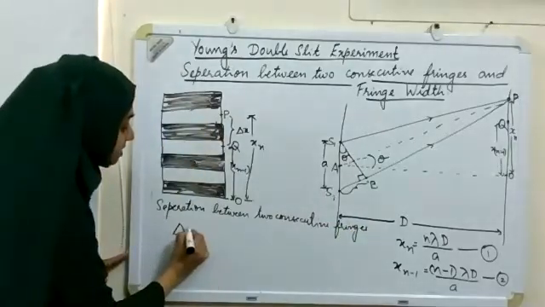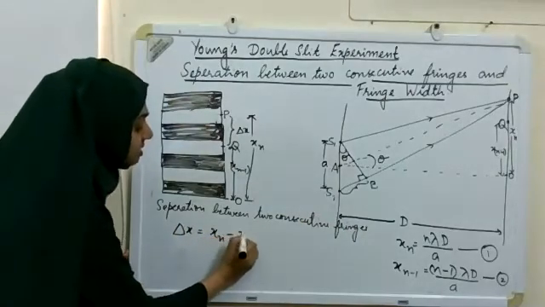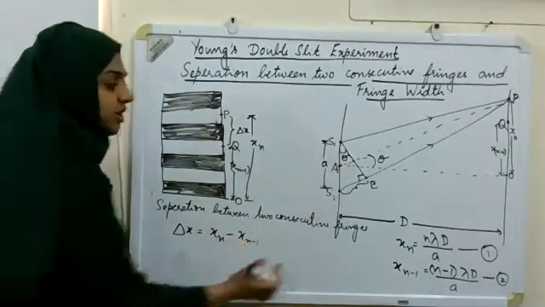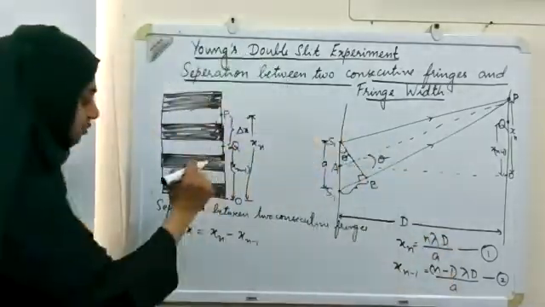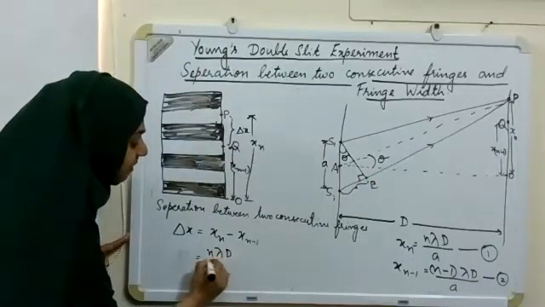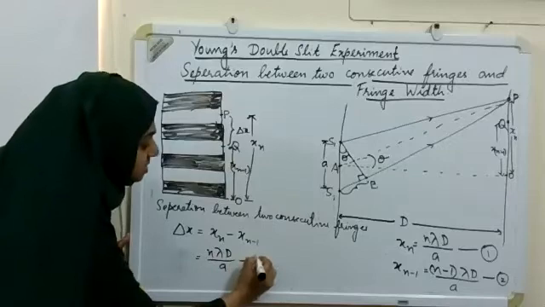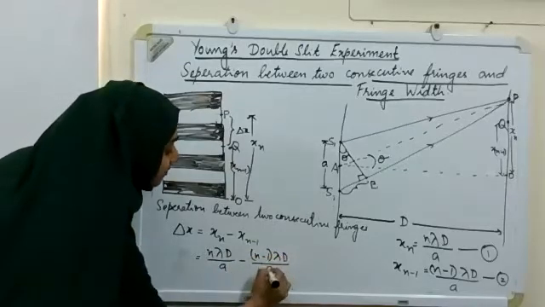So delta x will be equal to xn minus xn minus 1. So I can substitute this for xn and this for xn minus 1. So I will get this as equal to n lambda d by a minus n minus 1 lambda d by a.